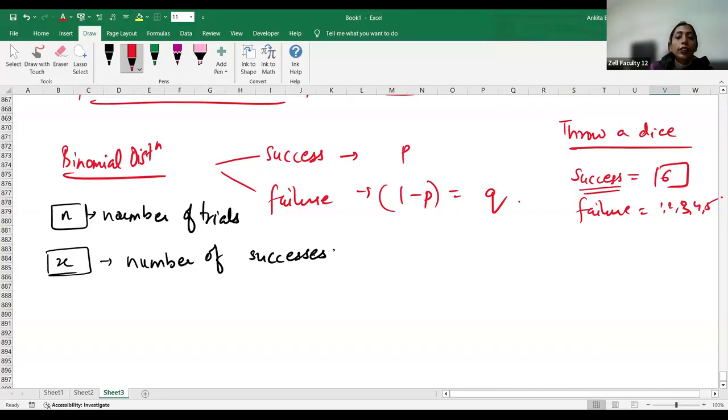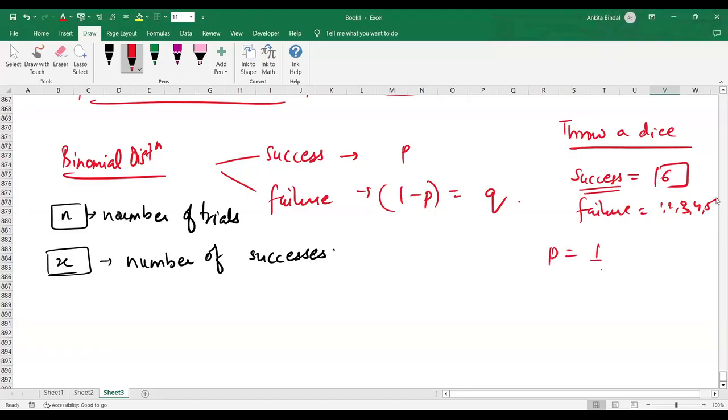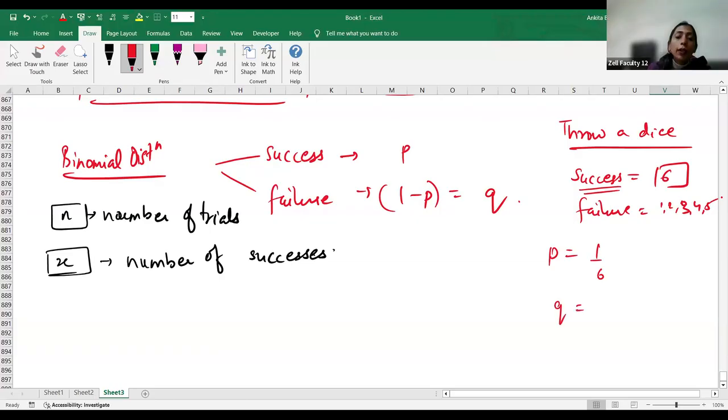So the probability of success would be how much, guys? To get 6, what is the probability? 1 by 6. And what will be the probability of failure? 5 by 6. 1 minus P, so 1 minus 1 by 6, that is 5 by 6.